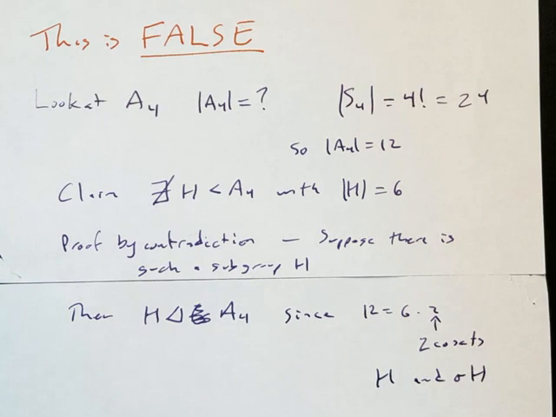I don't know what sigma is, but sigma could be any transposition that's not in H, and the other stuff, the other 6, because they have to be the same size.